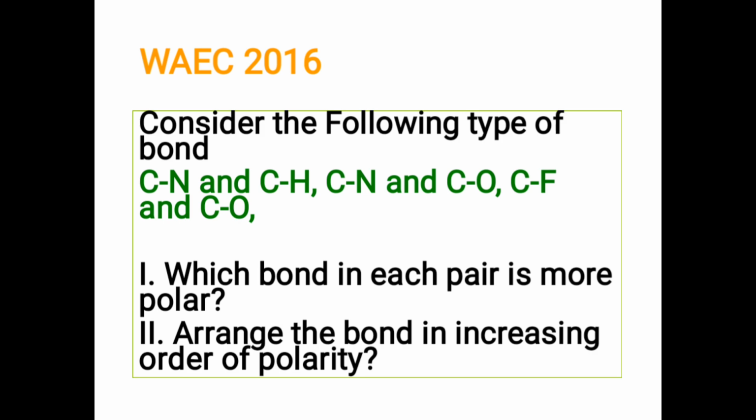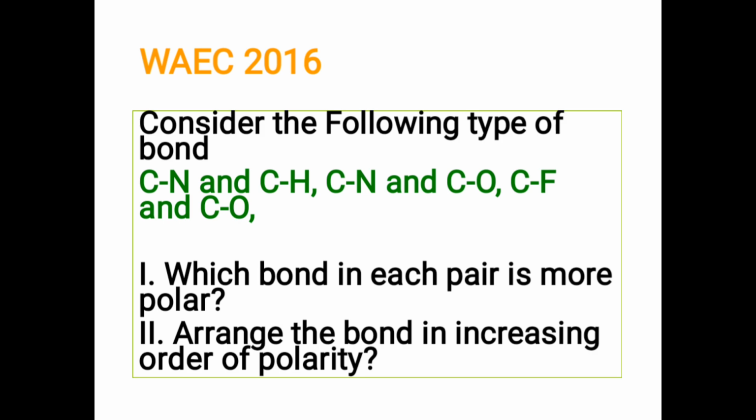If you observe clearly, you will notice that between H and N, N is more negative than H. So there will be a temporary induced dipole created on N. So that is why it's more polar.